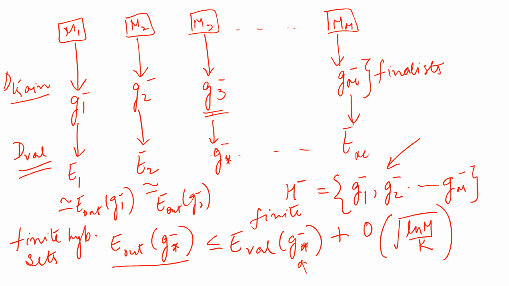So what we are saying, let me write it down quickly here, is that my E out of the one that I've selected, on the entire data, which is not the reduced one, so let's say G star, is less than or equal to, although we are not proving this and we are making this leap of faith, and of course this might not be true all the time, but in most situations it is true.